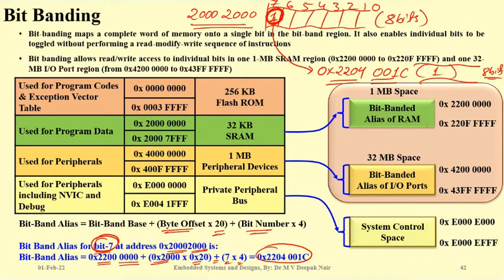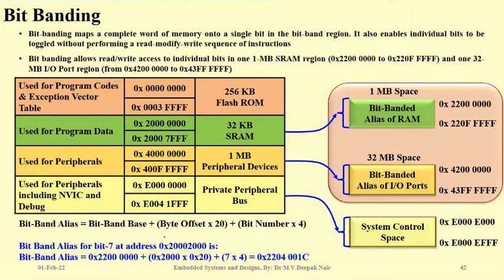You can only write 0 or 1 in this particular register, not any other number. If you make it 0, all the bits will become 0, then this bit will also become 0. If you make it 1, all the bits will become 1, or you can say FF, and this D7th bit in 2000 will become 1.